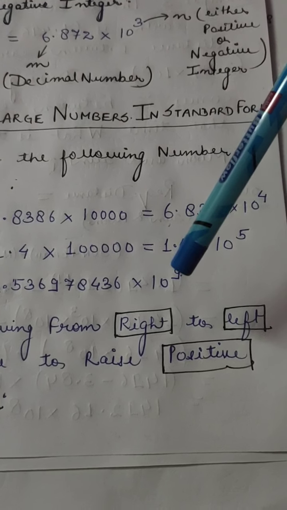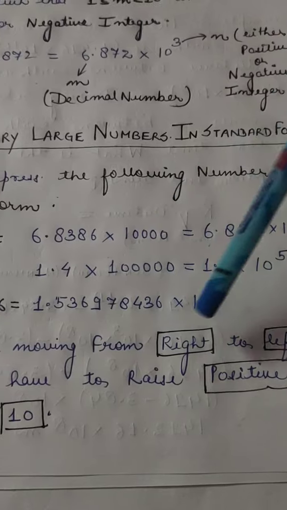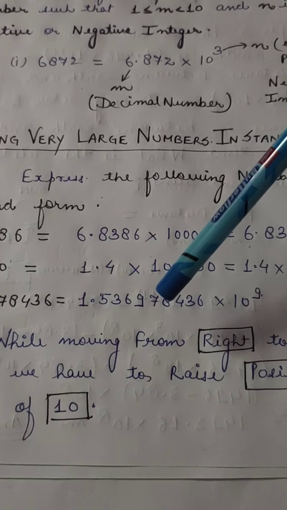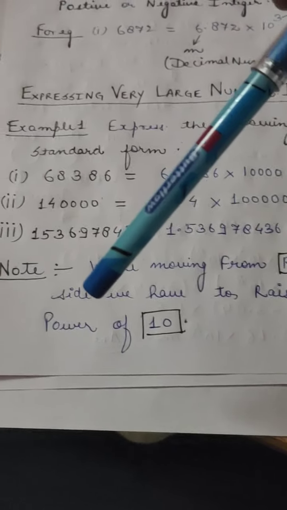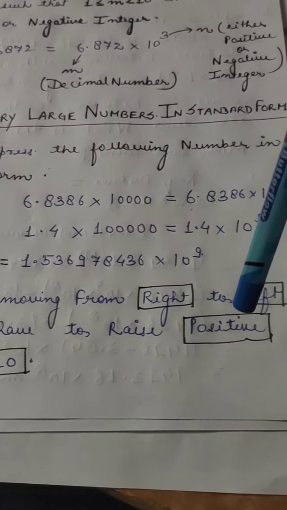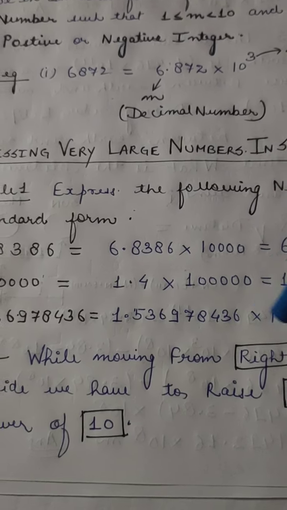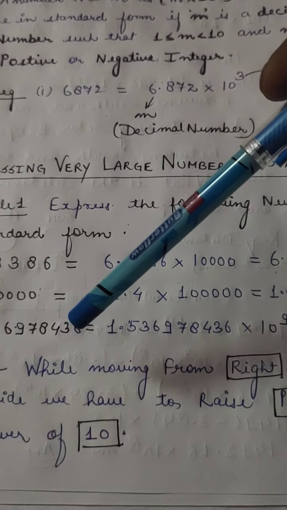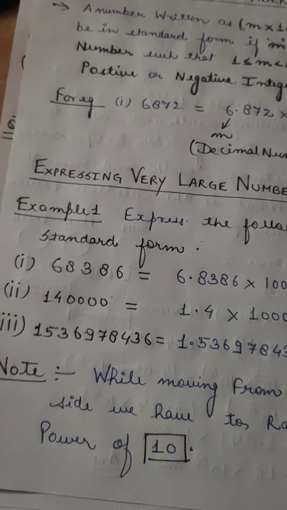So we raise the power of 10 to 9. This is the standard form representation of the given large number. Note: while moving from right to left, we raise positive powers of 10.